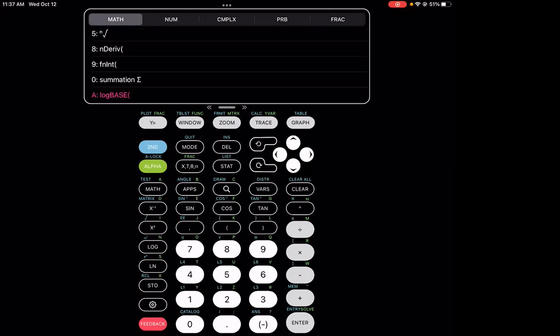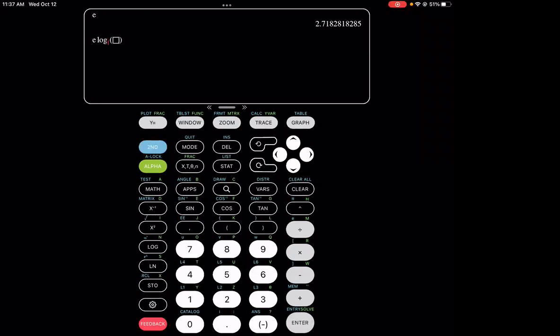Log base. A lot of times you're not going to see base e or base 10. So any base you want, say base 5, and then the input is say 7x. Let's go to math and the very bottom option.